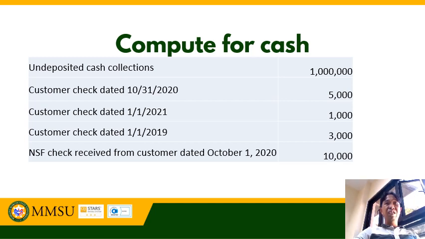Valuation of cash is simply based on its face. So problems to compute cash usually involve identification only, such as this problem. So let us identify which of the items here are part of cash.